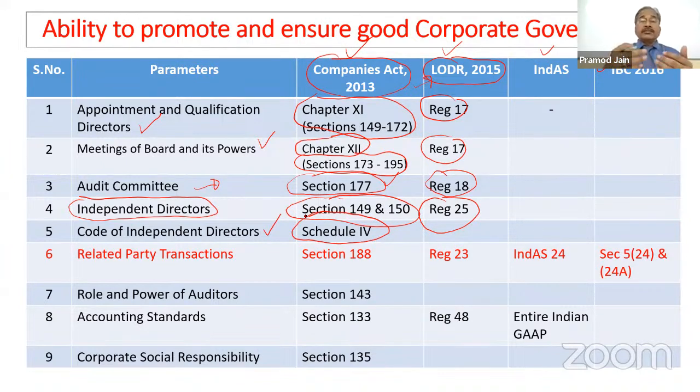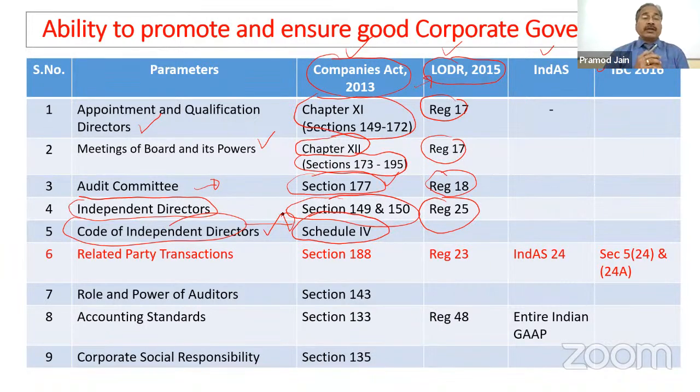So अगर आप किसी कंपनी के बोर्ड पर हैं एज एन इंडिपेंडेंट डायरेक्टर, या आप किसी कंपनी के बोर्ड पर अपॉइंट होने वाले हैं as an independent director, if you are looking for being appointed as an independent director on the board of any company, then you also need to go through the code of independent directors, which is given in Schedule 4 of the Companies Act.